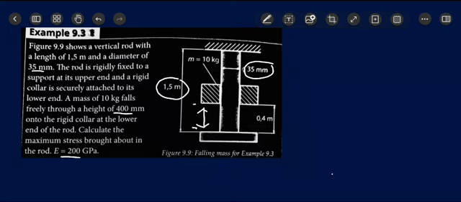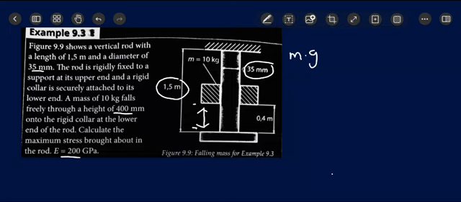So what is that potential energy? Potential energy is given by mass multiplied by gravity, multiplied by the height where it is falling.